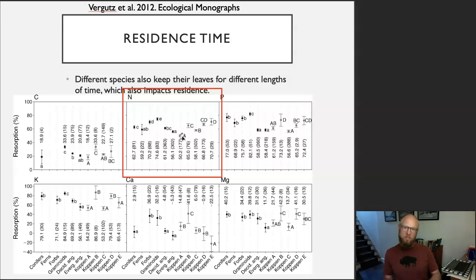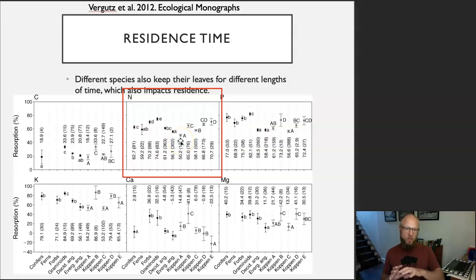That means 50% of the nitrogen in a leaf is taken back out of the leaf before the leaf falls to the ground. C, a temperate system, has higher resorption efficiency, about 60%. So that means 60% of the nitrogen is resorbed before the leaf drops. That means it can reuse that 60% again next year, whereas in the tropics it's only about 50%.